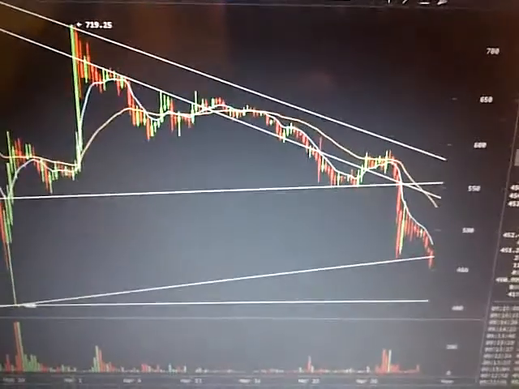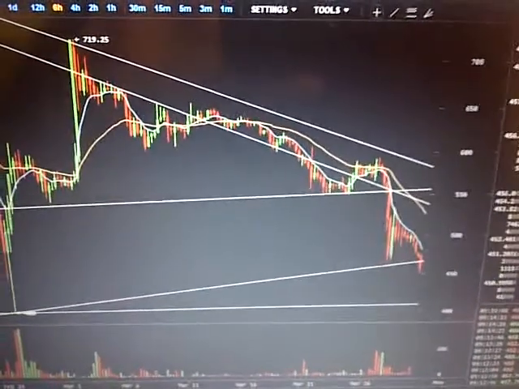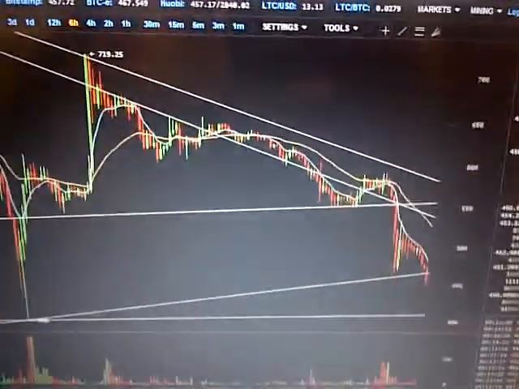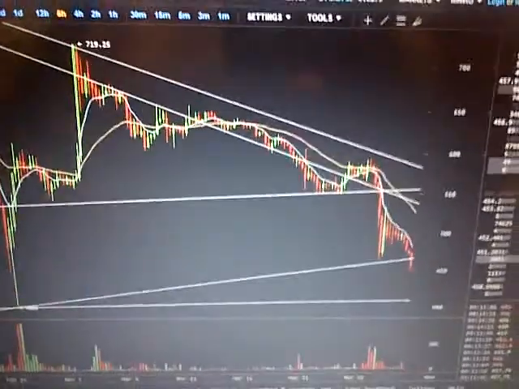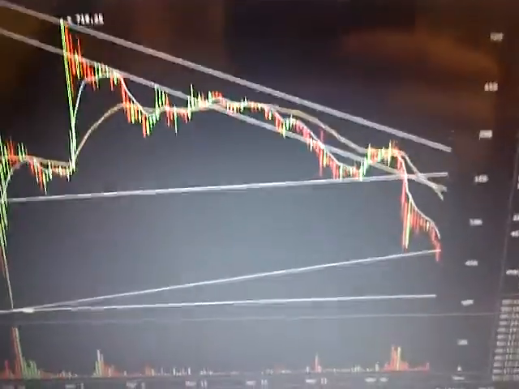I've been having people tell me that their miners, or wherever they get their bitcoins from, have stopped selling bitcoins. That's what I've heard. I don't know how true that is.